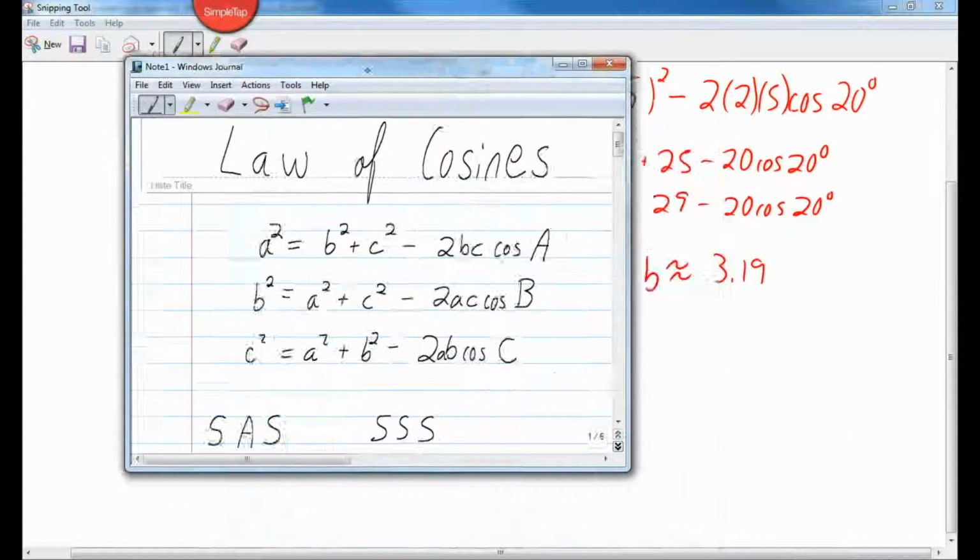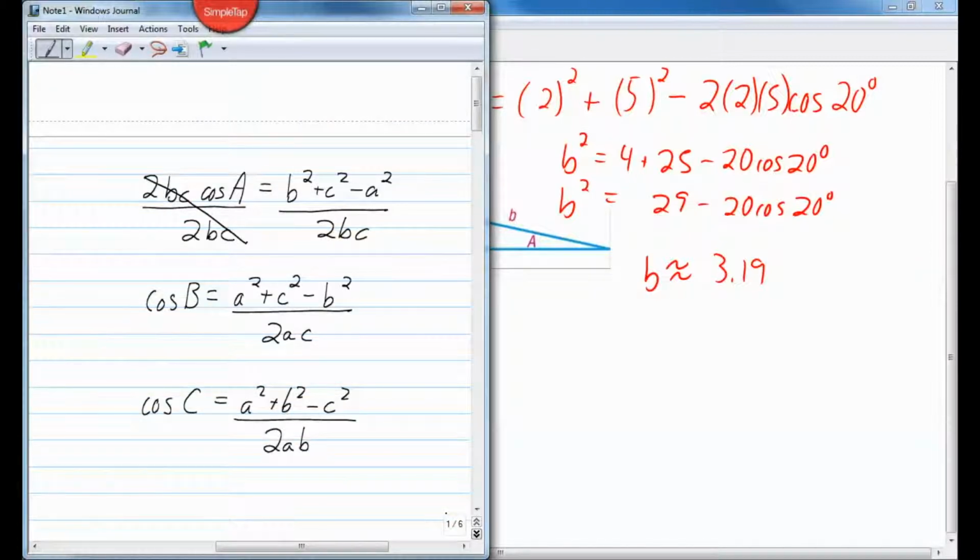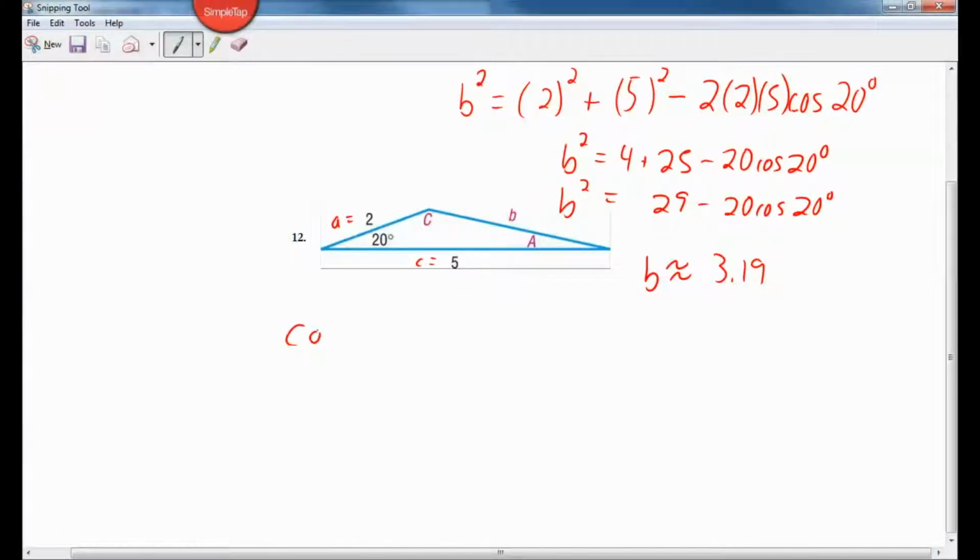So cosine of A equals B squared plus C squared.